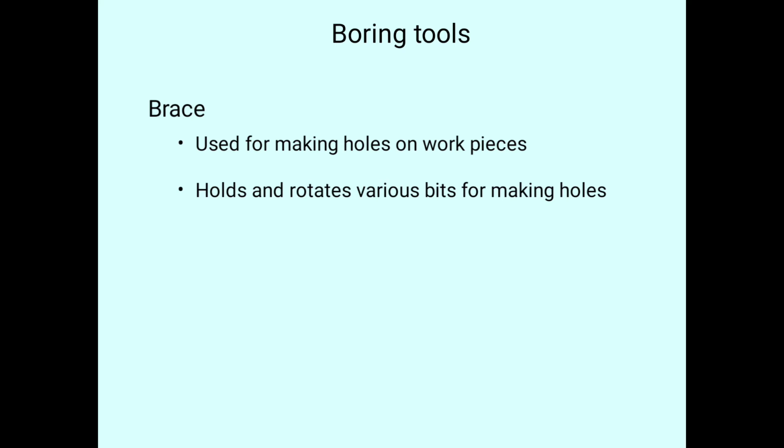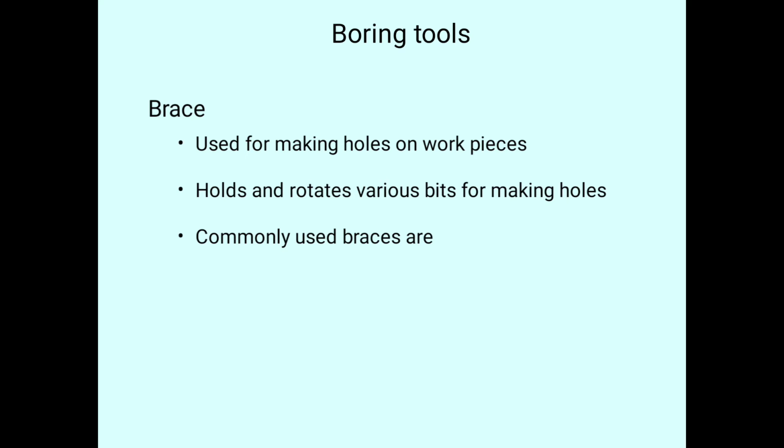Manually, it is a hand operated boring tool. We just hold the brace and rotate the brace handle, so that the bit inserted into the clamp rotates and makes the hole.